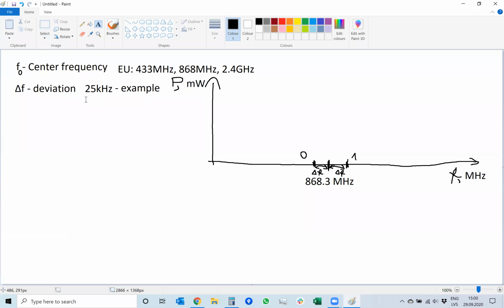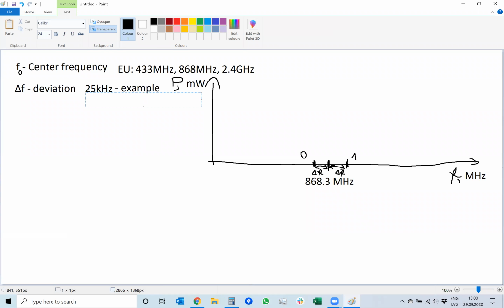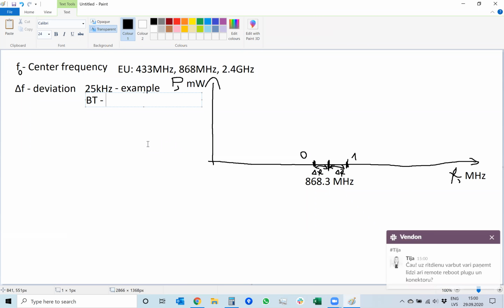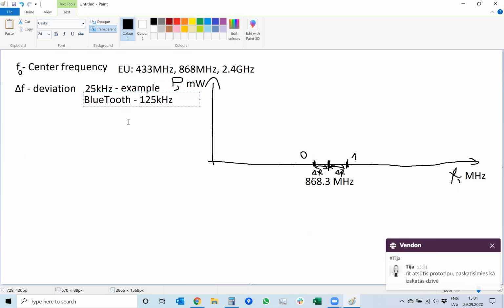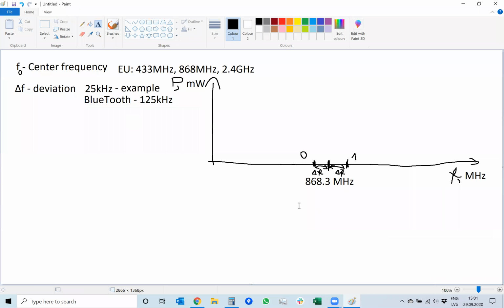I will write in a text, Bluetooth deviation is 125 kilohertz. Newest versions of Bluetooth actually use a little bit more advanced modulation.